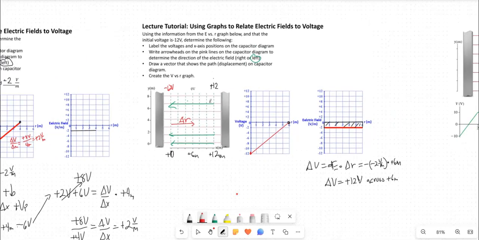So hopefully this is getting you thinking about how voltage is related to electric fields and how it actually looks in a concrete example. Okay. The biggest problem that I've seen students make when they're dealing with electric fields is they forget the negative part.